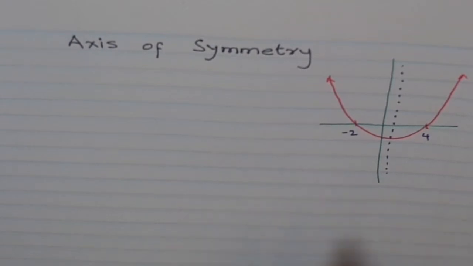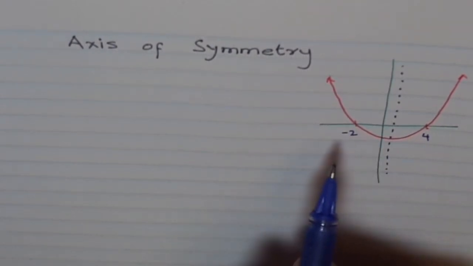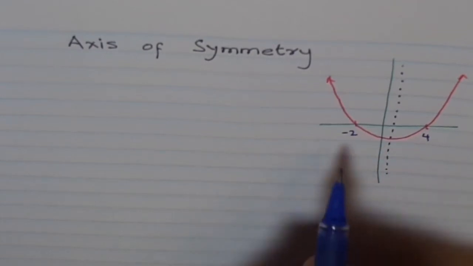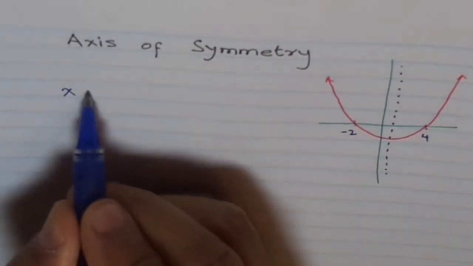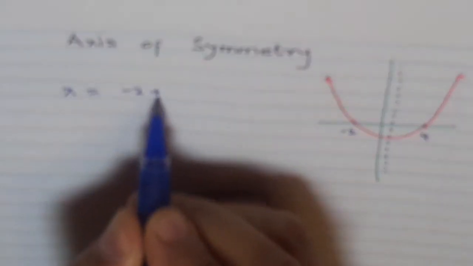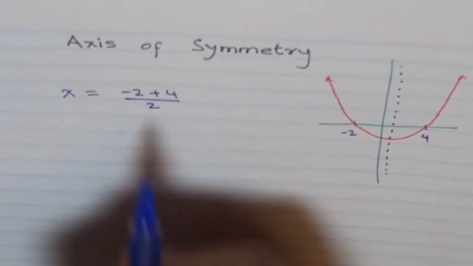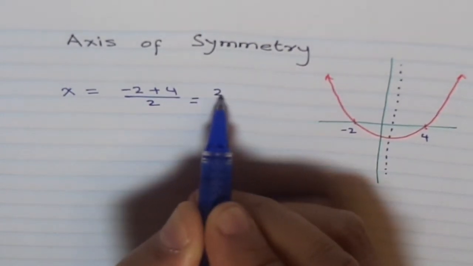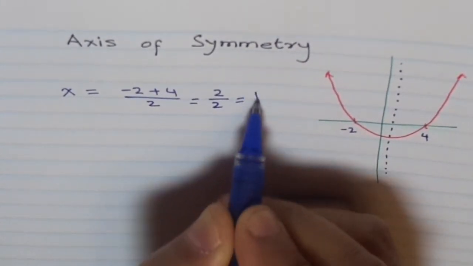Now here we had a graph, and from there we are trying to find the equation of the axis of symmetry. So simple. Do you see that? So for the axis of symmetry, we say x is equal to (-2 plus 4) divided by 2, which gives us 2 divided by 2, which is 1.